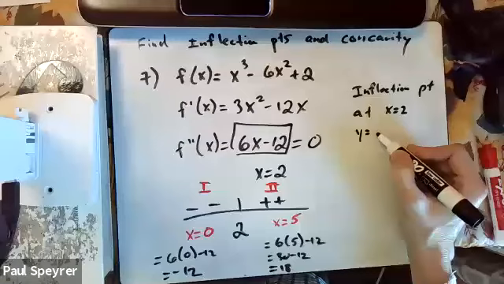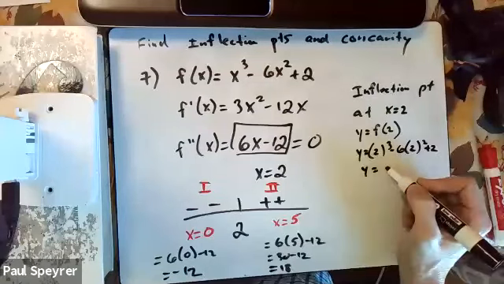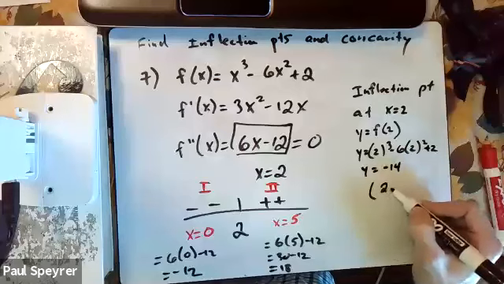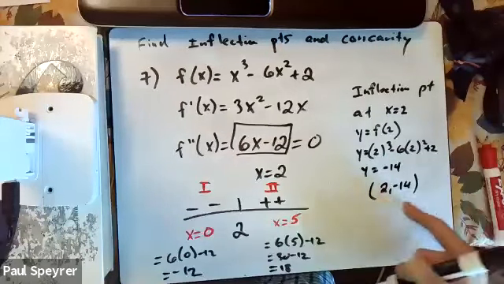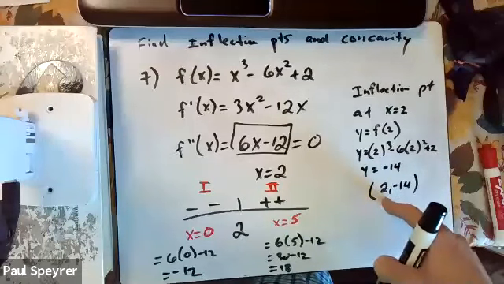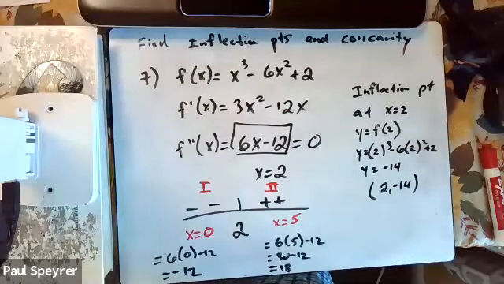And take that 2, and we're going to plug it into the original function. And when you do that, you get negative 14. So your answer is 2 comma negative 14. That's the inflection point right there. Remember, a point always has an x and a y.